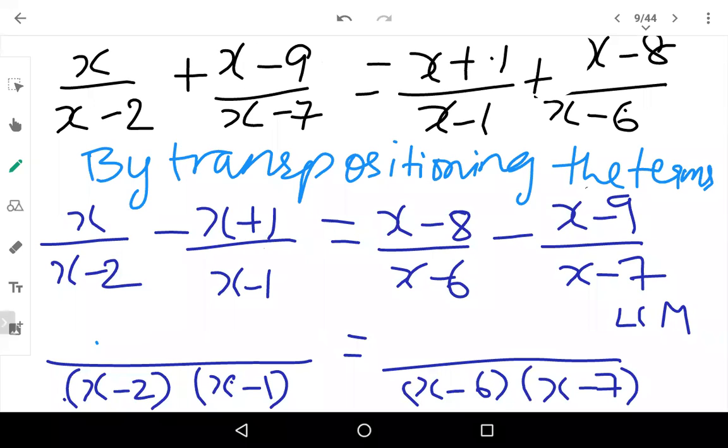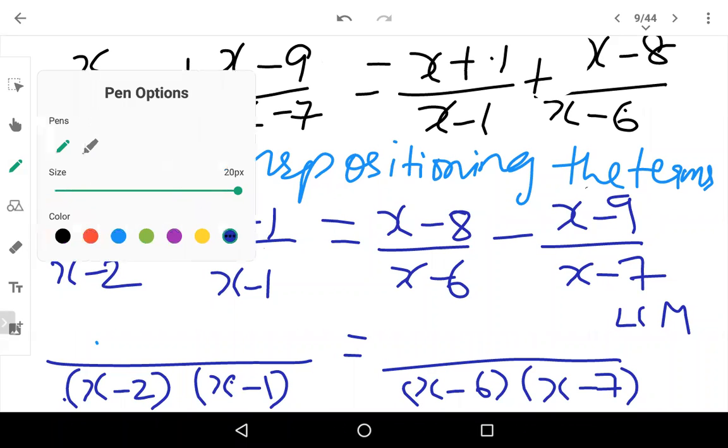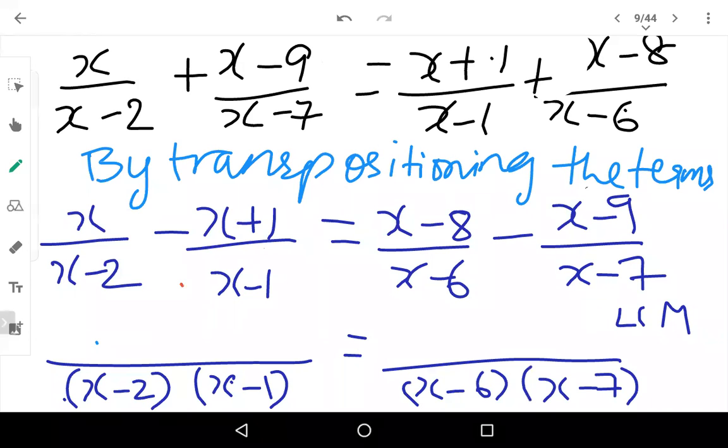Now when it comes to the numerator, you will cross multiply in every place. Right? You will cross multiply in every place. So what will happen here? You will have x into x minus 1. Actually it's the other way around.